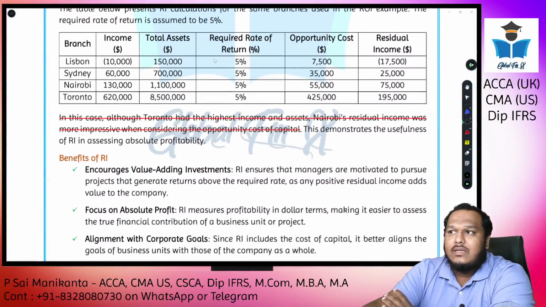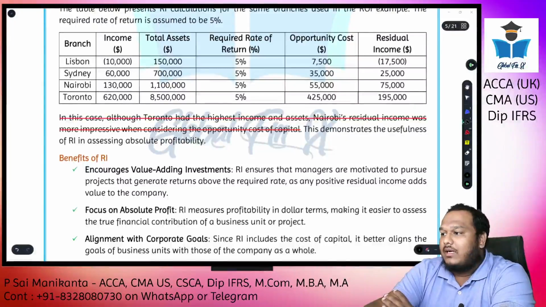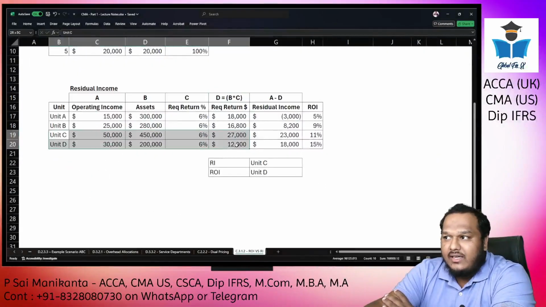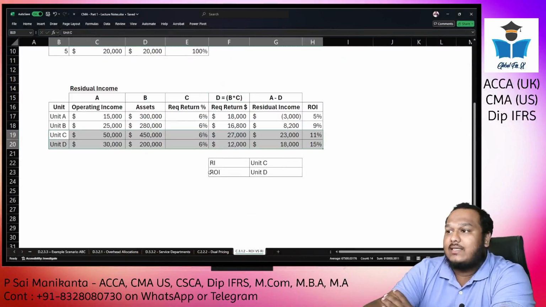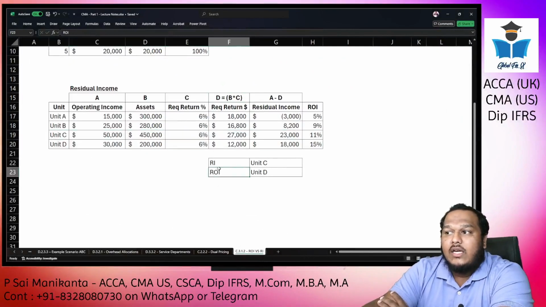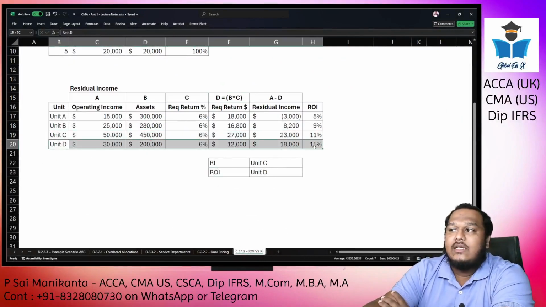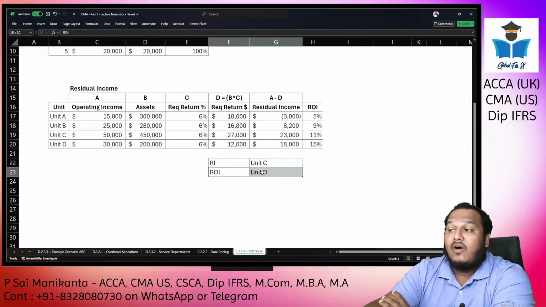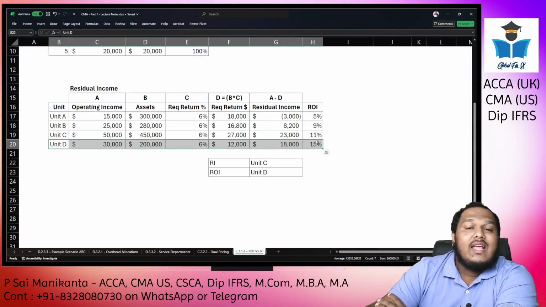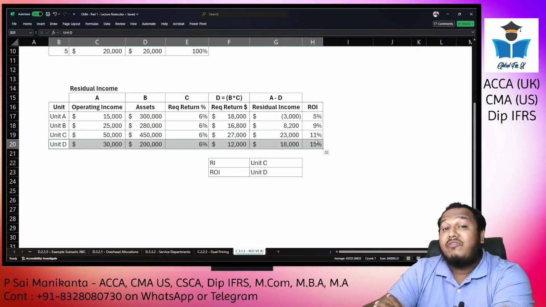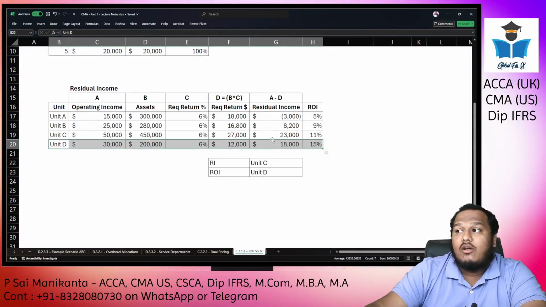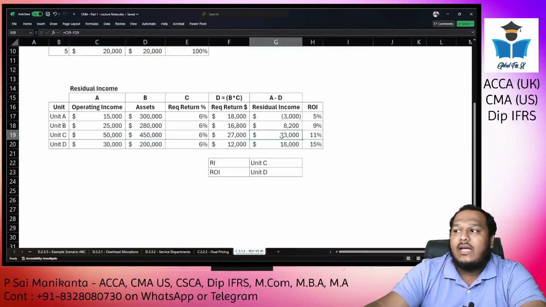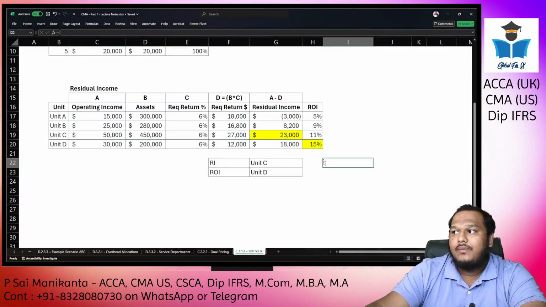See here, the numbers did not support that statement, but here I created different numbers to help you understand that statement. Sir, in terms of ROI, business unit D is more efficient and effective, but in terms of RI, absolute dollar value, unit C is giving you the higher dollar returns, right?